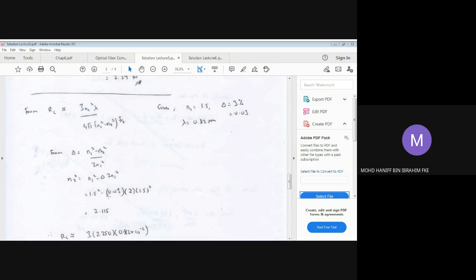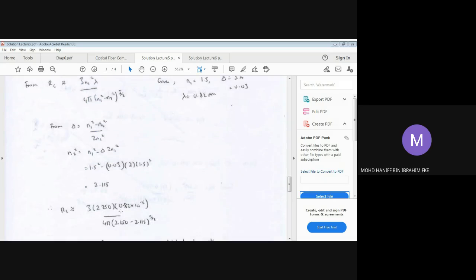So N2 finally can be calculated, the N2 squared is 2.115. So N2 will be about 1 point something. And so N2 squared is 2.115, which shall be substituted in these equations here.